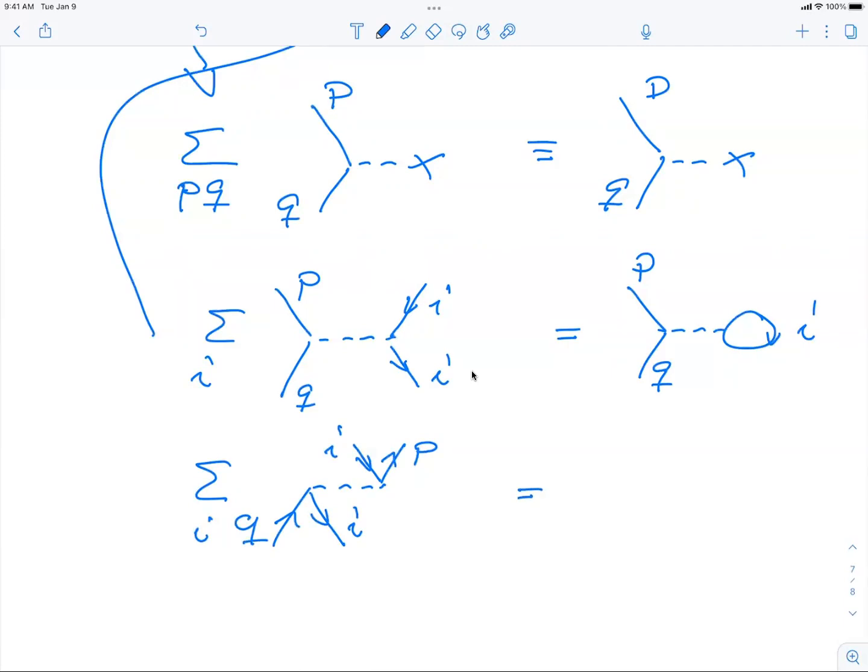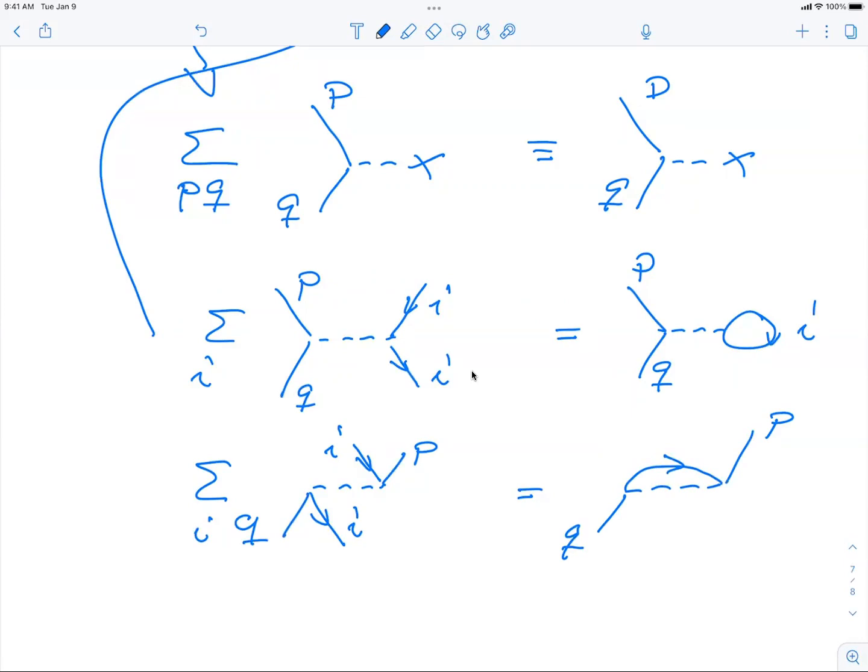So this diagram would simply be written like this. I'm not putting arrows. Sometimes it's tempting to put arrows on these states, but these are unspecified. So I would close the hole line and mark it like this, and then there's a state Q here and P here. So the fact that we now have these crossing lines gives rise to a factor of -1.